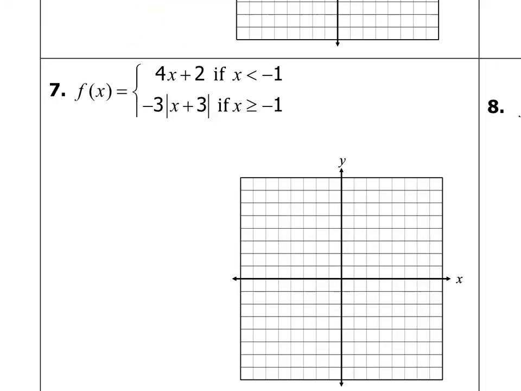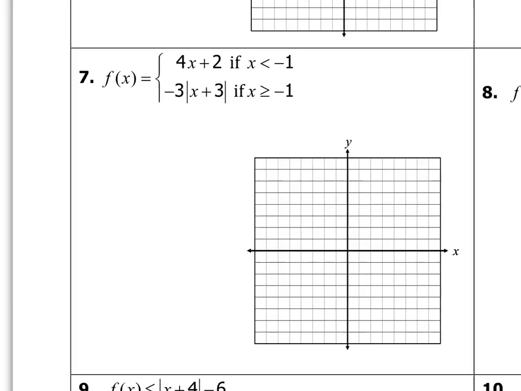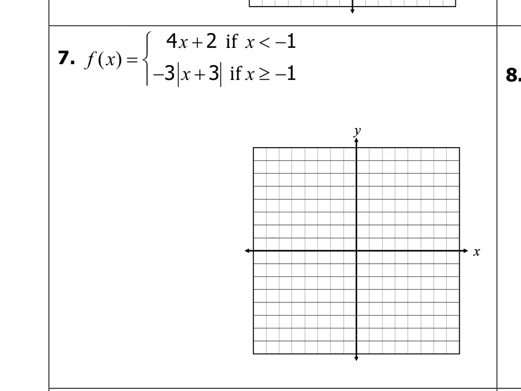Now, because we've got more functions that we can deal with now, we can actually incorporate more piecewise functions, which are fun. So we're going to graph this top one. Okay, I'll do it in red. We'll go up 2, put a dot, and then we go up 4 over 1. You can also go down 4 over 1.